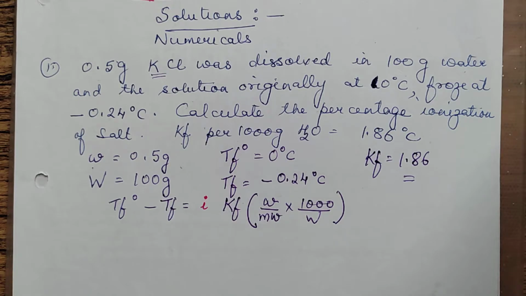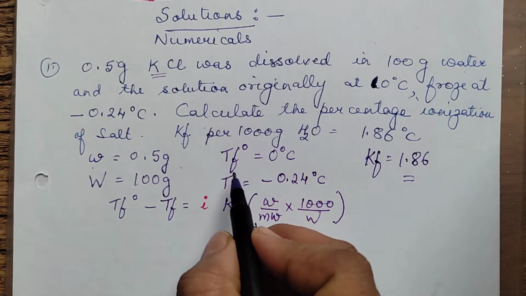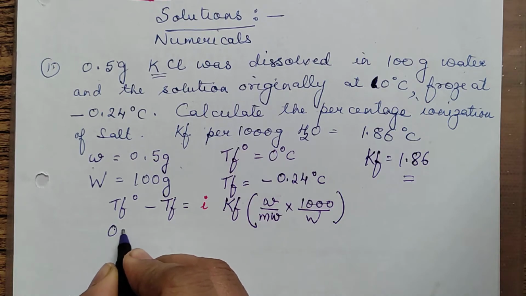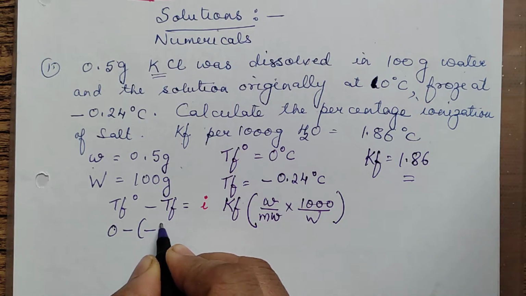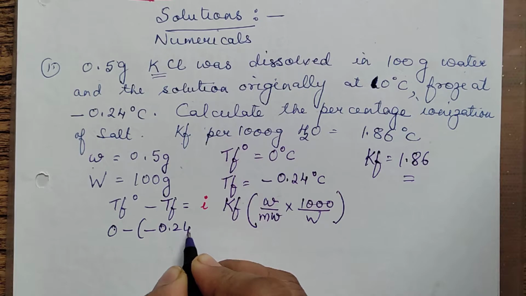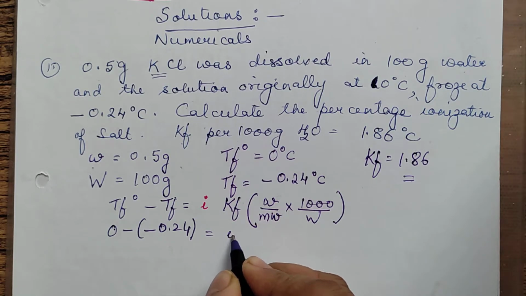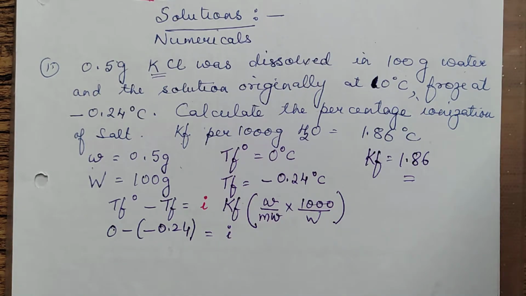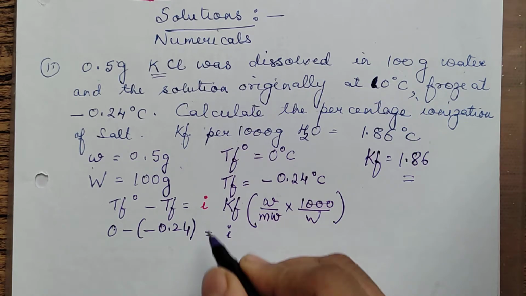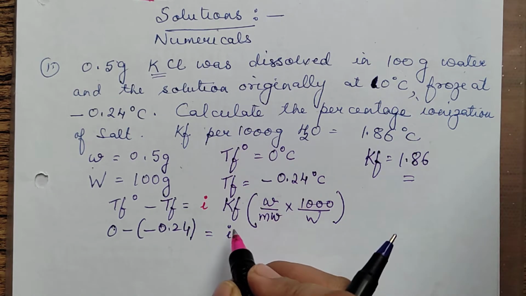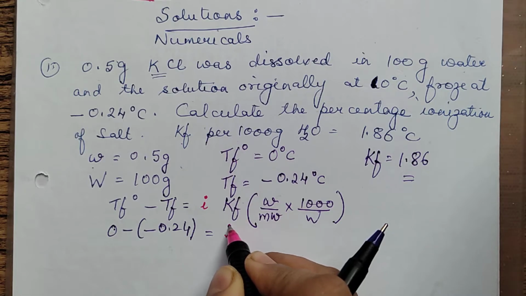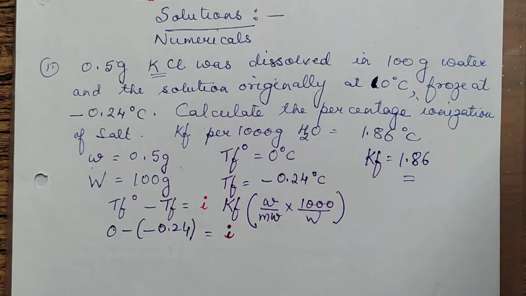So now we are going to put the values, right? Tf naught 0 minus minus 0.24. The i value we will be calculating from this. That is Van 't Hoff factor, we are calculating it. So let me write this i with this color only so that you will know. We need to calculate this.